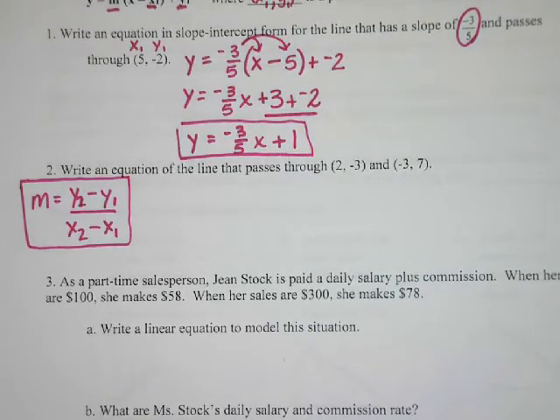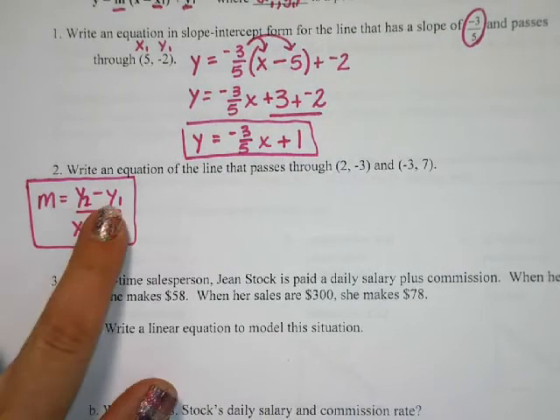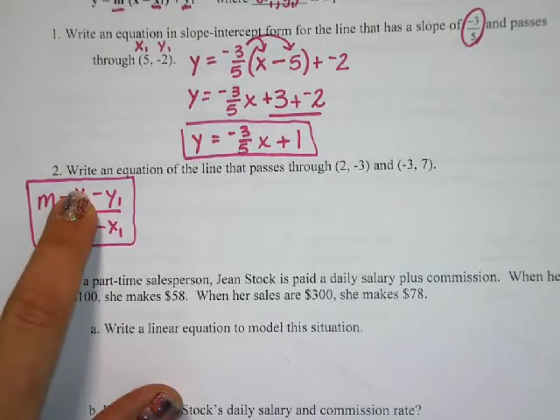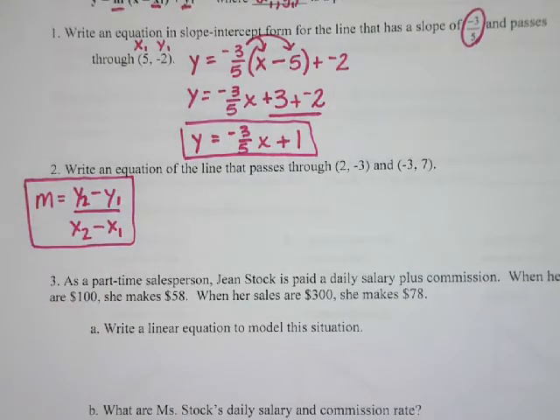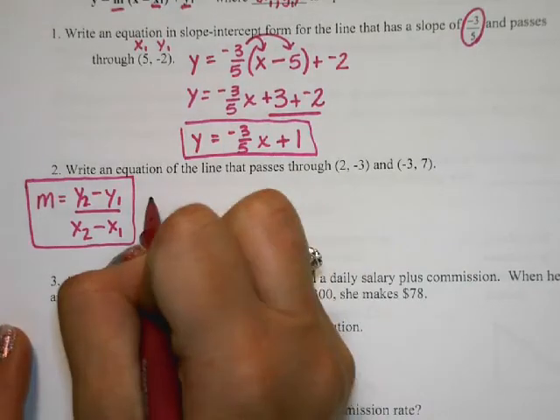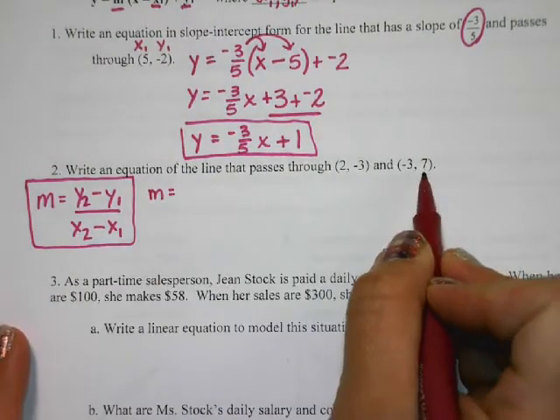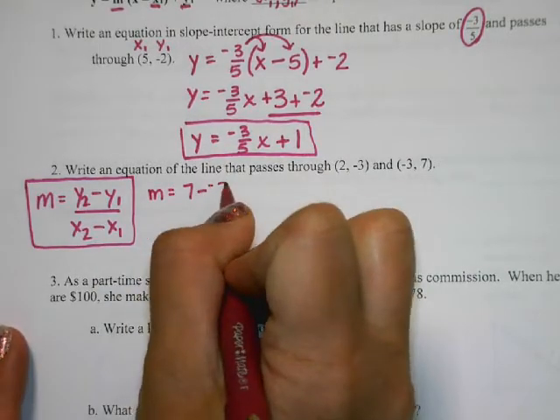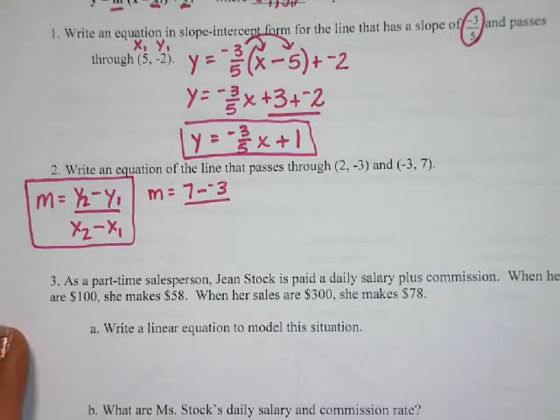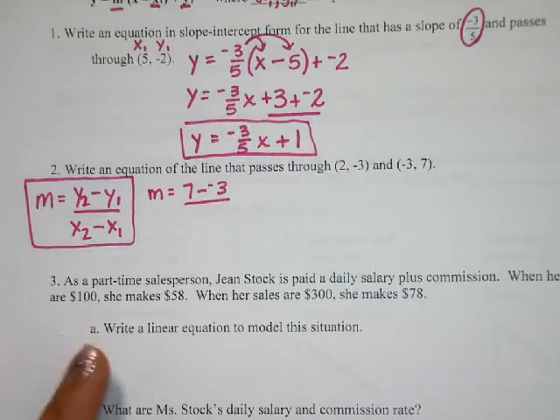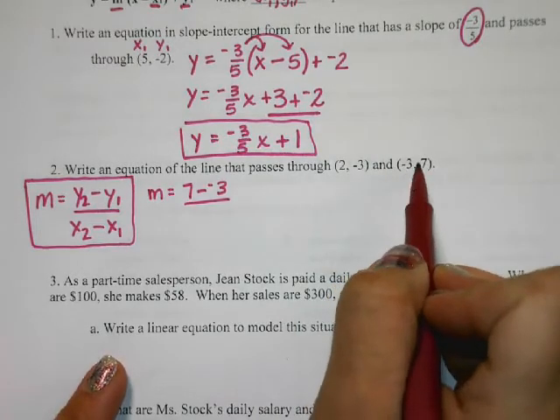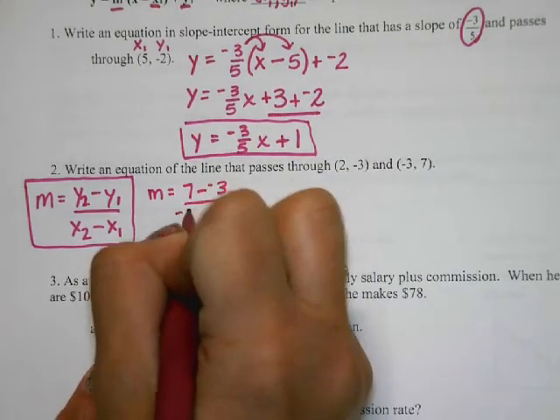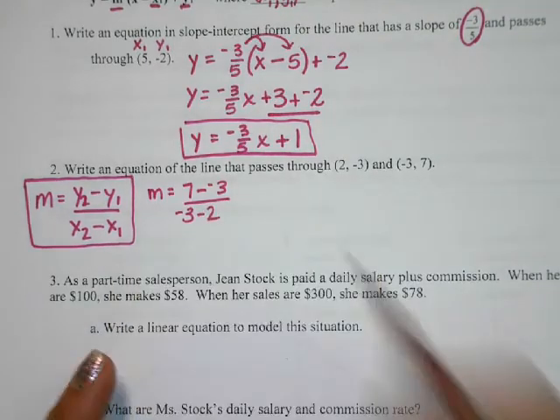So in number 2, they didn't give us the slope. Well, to do any of this, I have to have the slope, so I need to calculate the slope. Does it matter which one is x1 and y1 and x2 and y2? No, just keep it consistent. So let's find the slope first. I'm going to do the y's on top. So I'm going to do a 7 minus a negative 3. I could have done negative 3 minus 7, and then, since I did 7 first, I also have to do the negative 3 first, negative 3 minus 2.